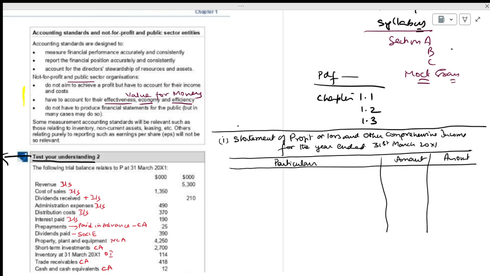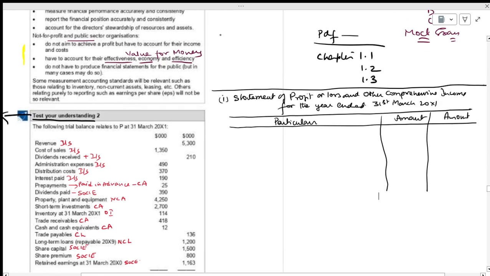Fine. Next, come back to this. Now, one by one. First, what do we have to take? Revenue. We will divide it.